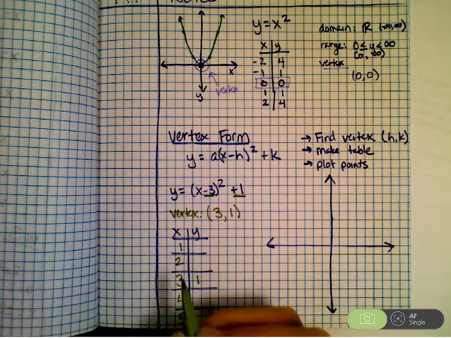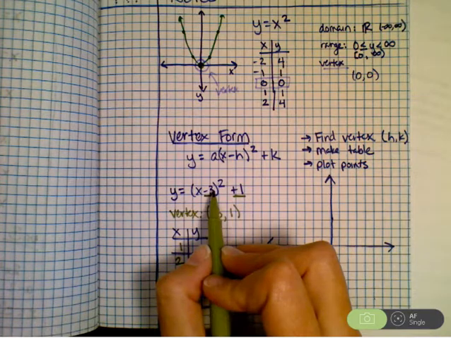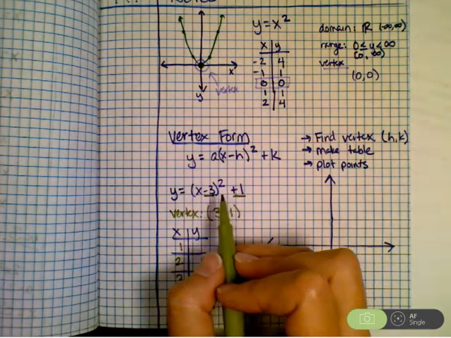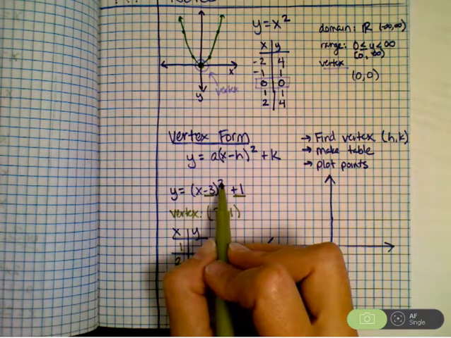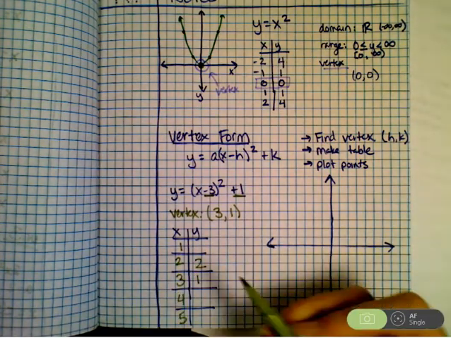So I look at this 3 and 1. I'll plug in 2 first. I'll do 2 minus 3, and you can grab a calculator if you don't trust my arithmetic. 2 minus 3 is -1. -1 squared is +1, and +1 plus 1 is 2.